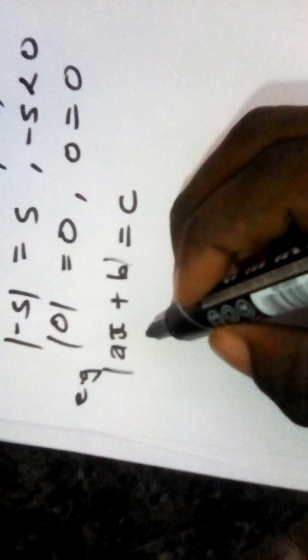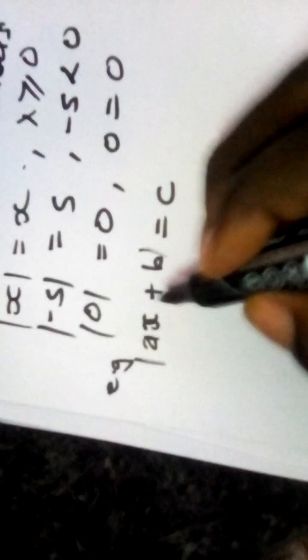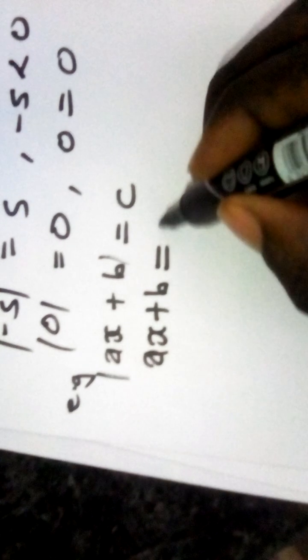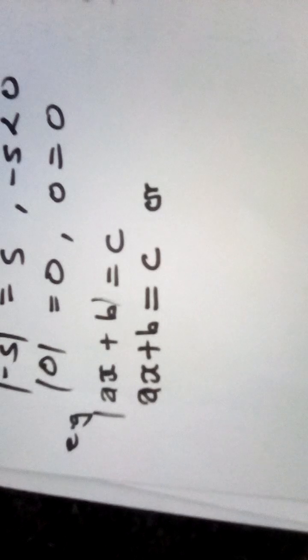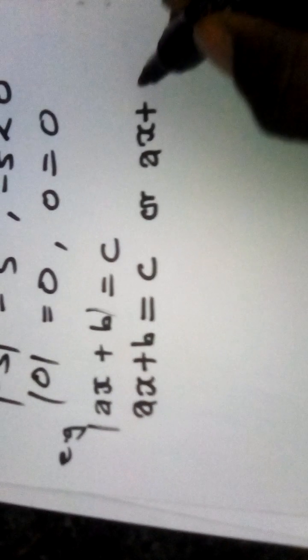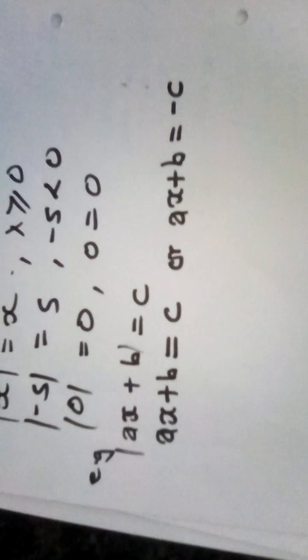The expression actually has two solutions. The first possible solution is that ax plus b must be equal to c, or ax plus b must be equal to negative c. These are the two possible solutions that we can get from this expression.